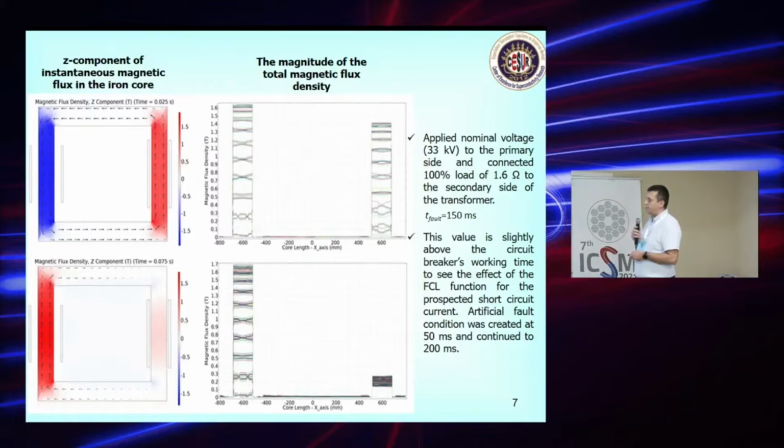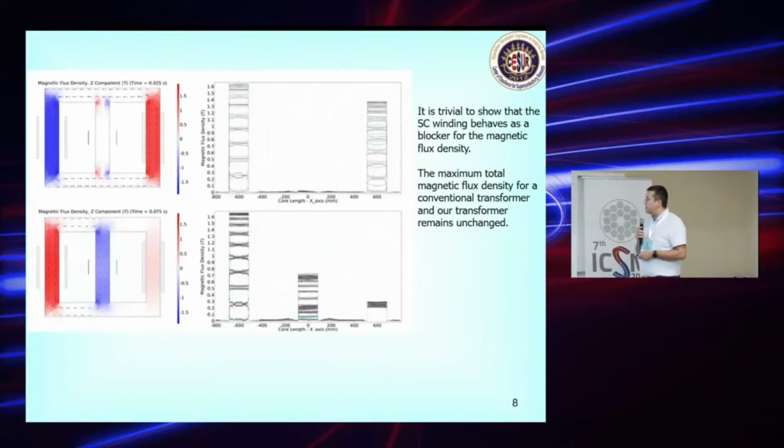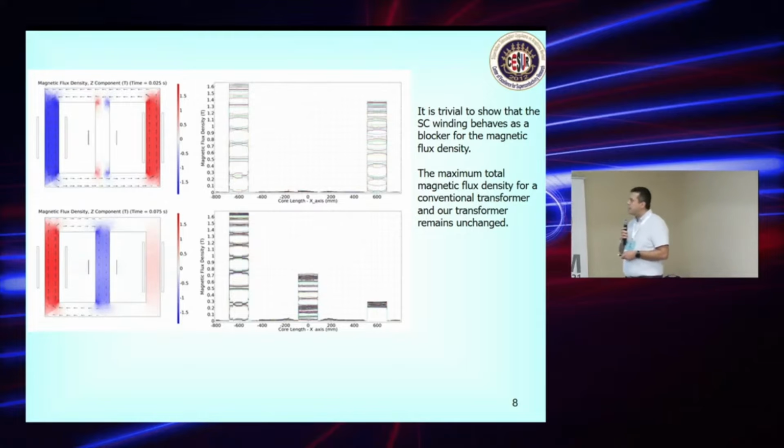This is the normal working condition, and this is the short circuit. And then we added another leg to the middle, and we also added a superconductor here for the FCL function.